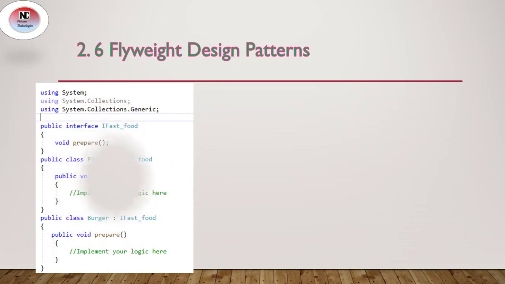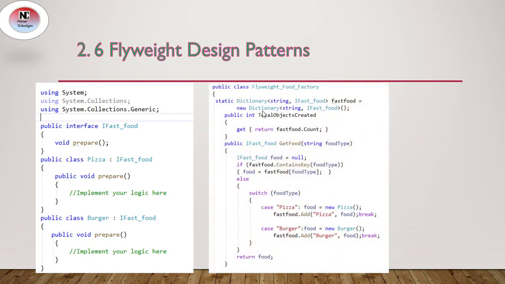I have an interface named iFastFood, and that interface is inherited by pizza and burger, which have a method called prepare. Now I have created a flyweight food factory which has a dictionary with name and iFastFood.